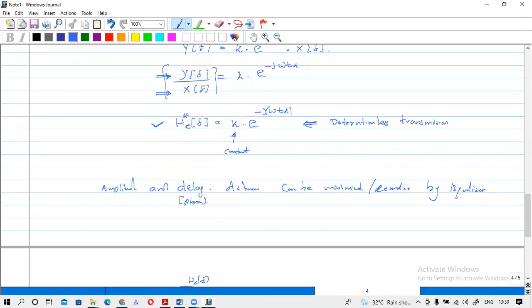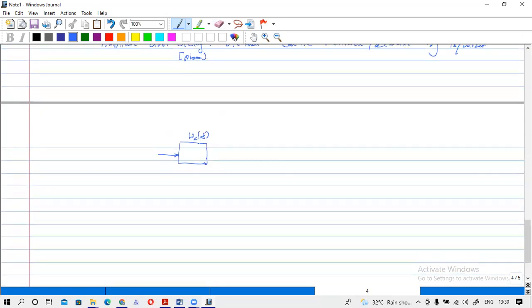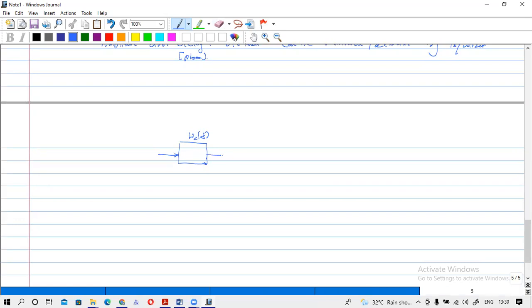And in this channel we have distortion, and if you use an equalizer, let's say the equalizer transfer function is H_EQ(f).